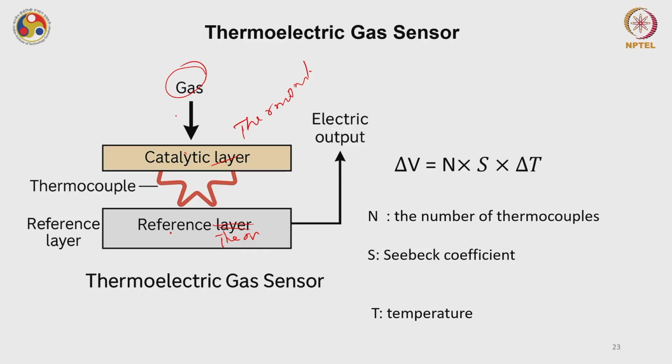The gas will interact at this point, and it will generate an output delta V, which is equal to N times S times delta T, where delta T is the temperature difference we have seen, S is the Seebeck coefficient, and N is the number of thermocouples in the thermopile. So this is how thermoelectric gas sensors work.